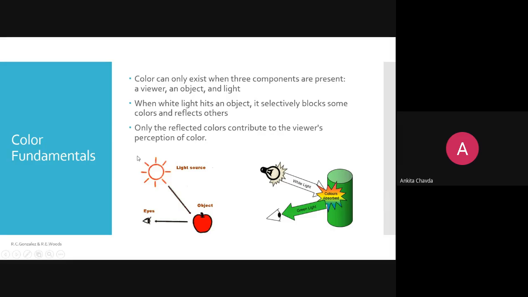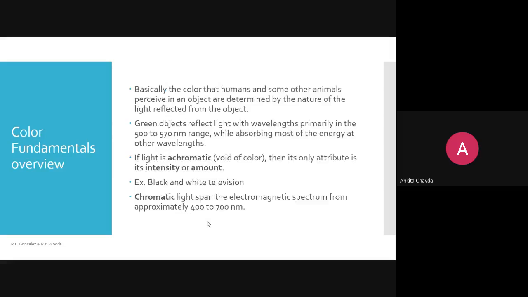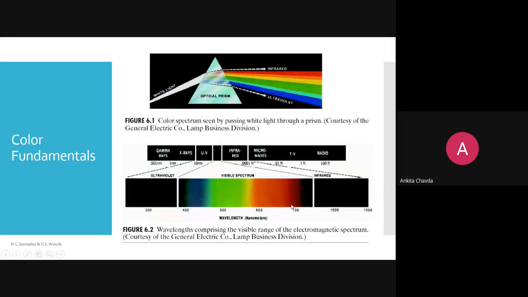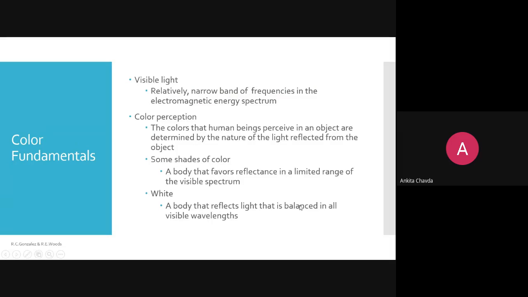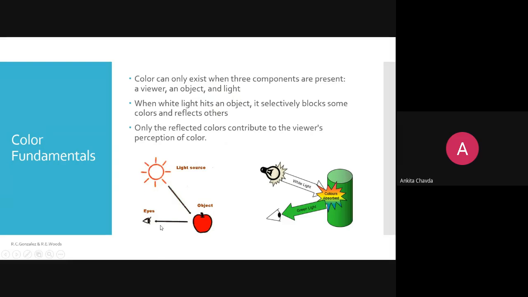See this. This is the illumination, the light source. And if it falls onto the object, then and only then, particularly the red color wavelength, almost from 600 to 700, or you can say 650 to 700, because below that would be orange, will be reflected, and all the other wavelengths will be absorbed.